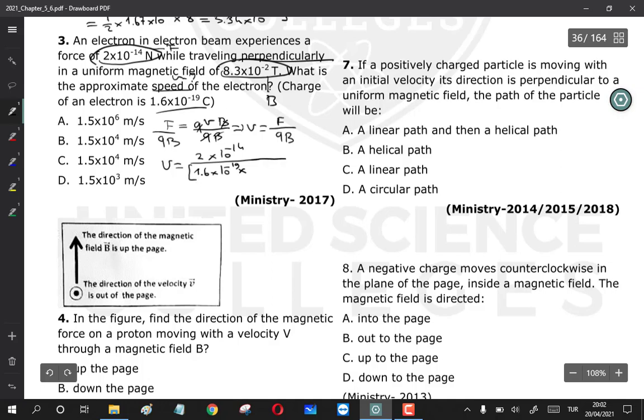Magnetic field intensity 8.3 times 10 to the power of negative 2. Close the bracket. Now use your calculator.